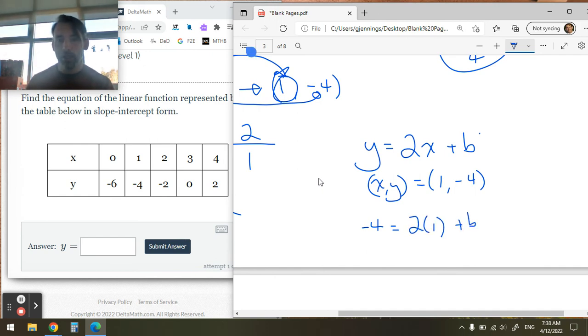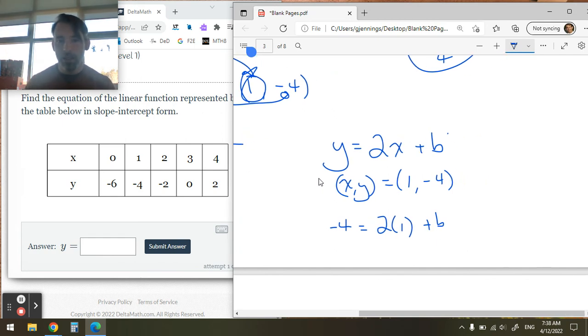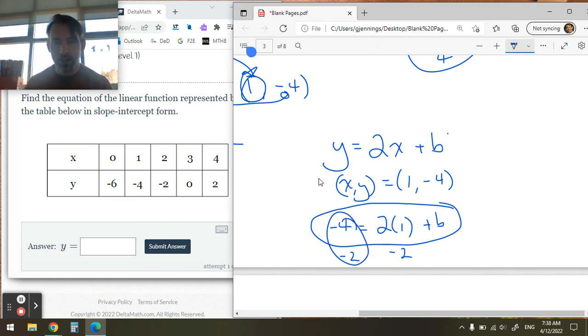Now I can notice that if I have -4 is equal to 2 plus some number, that number must be negative 6. Because if I subtract 2 from both sides, because 2 times 1 is 2, then I will have negative 6 is equal to b.